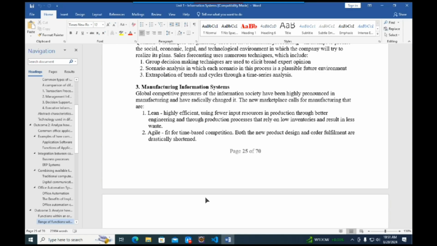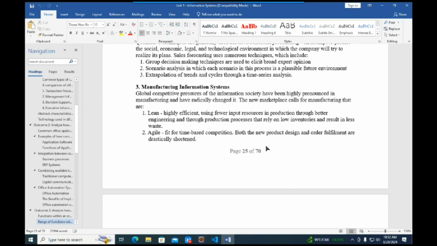For example, lean, which is highly effective. You are using fewer input resources in production, better engineering in the production processes, and low inventories, and the result is less wastage.